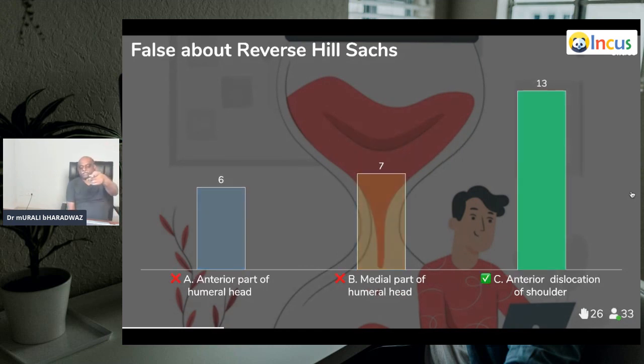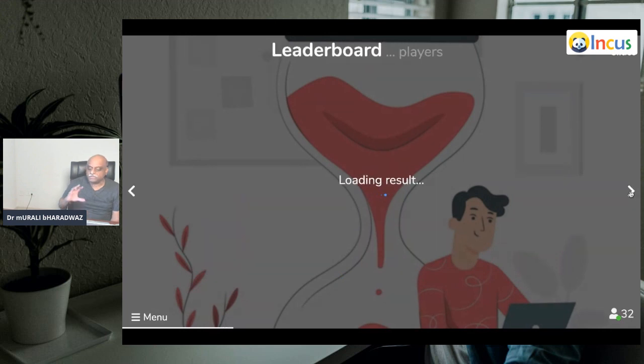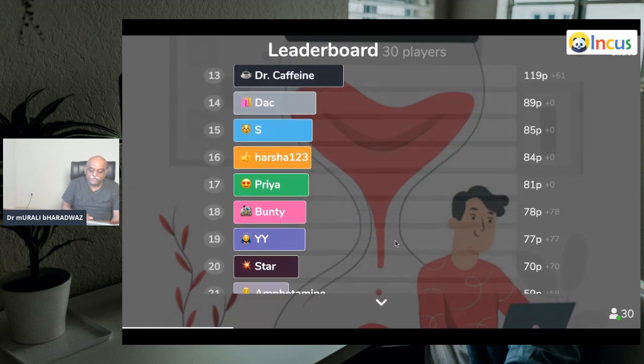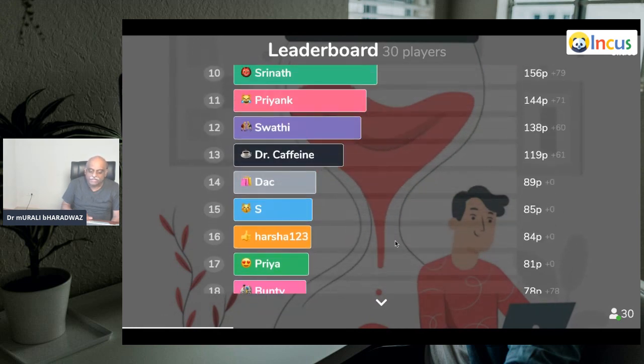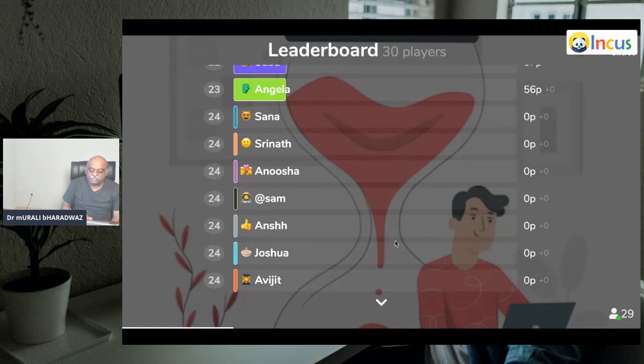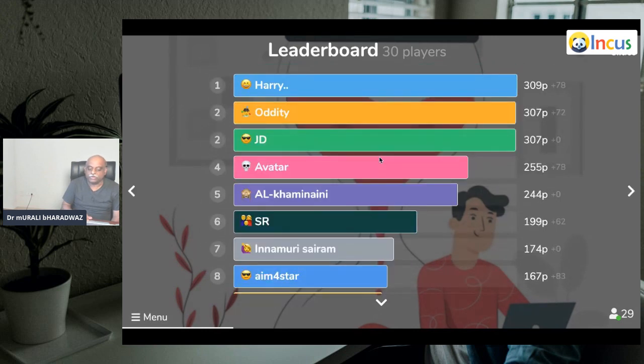It is the posterior dislocation of the shoulder where the anteromedial part of the humeral head is the one which is affected, which is called reverse Hill-Sachs, but it is posterior dislocation is what you need to remember. Good, good.